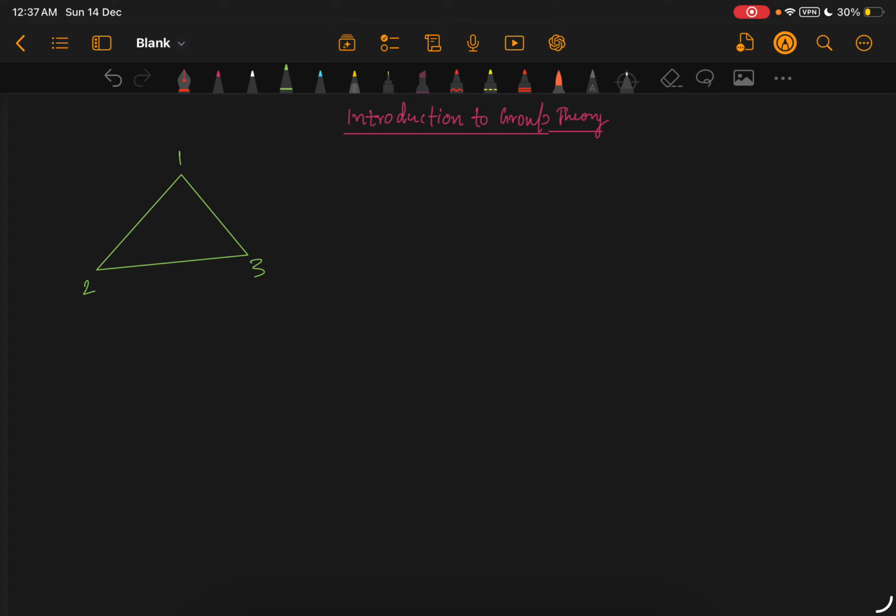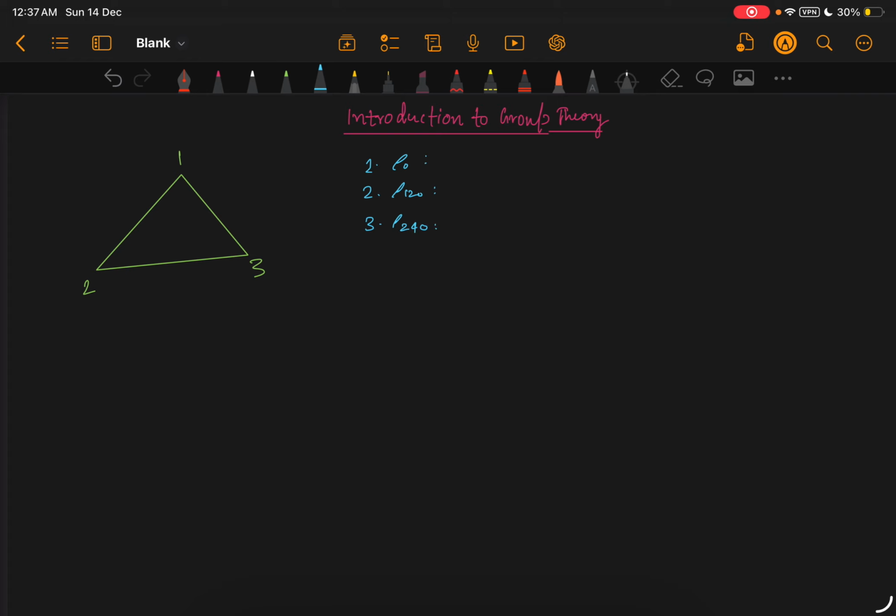So some possibilities are rotations. Considering three of them that are possible: rho 0, rho 120, rho 240.